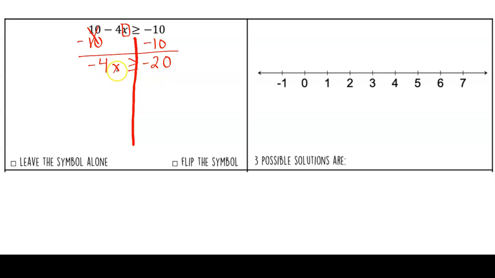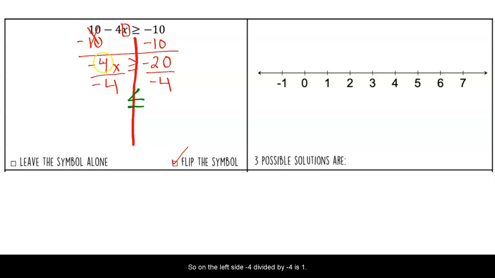So I'm going to need to divide by a negative 4 in order to do the next step in solving this inequality. And just like we saw in the examples before, whenever I divide by a negative number, the relationship between the two sides of the inequality is going to flip. So I'm going to flip down here, just to remind myself I need to flip the symbol. So instead of greater than or equal to, it's going to be less than or equal to.